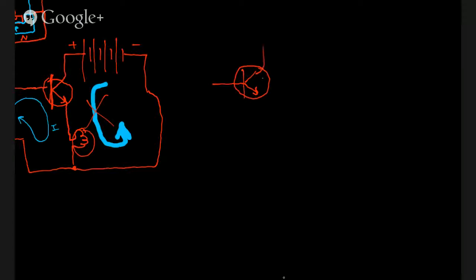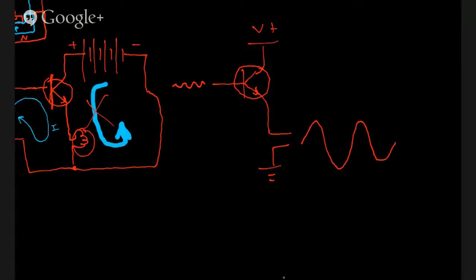There we go. All right, so a small signal into here will produce, if we have it connected to a capable enough power supply, an amplified signal at the output. It'll be almost identical, just higher amplitude, depending on the properties of the transistor.